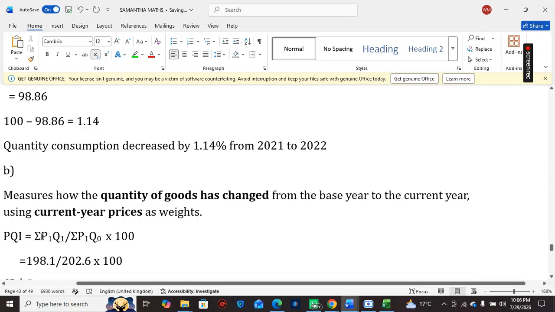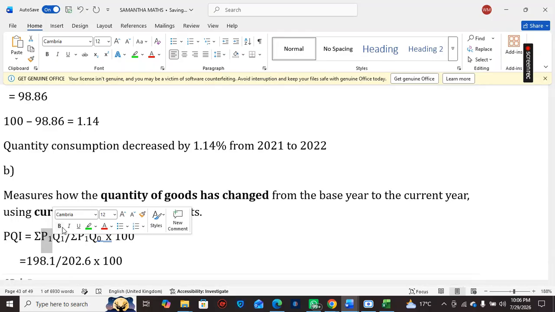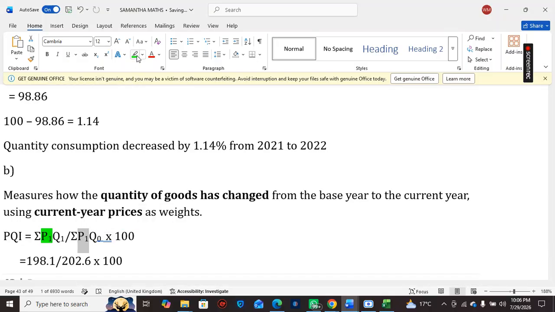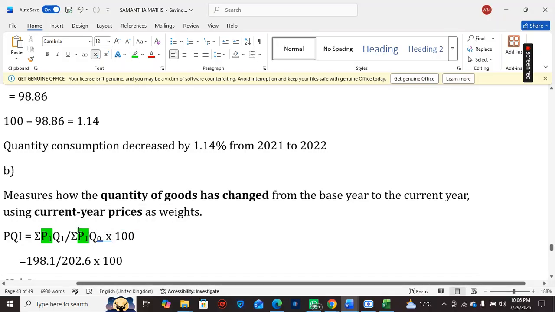Unlike Laspeyres, where we used base year prices, here we're using current year prices. The current year is 2022, that's why we're using P1. 2021 is the base year.